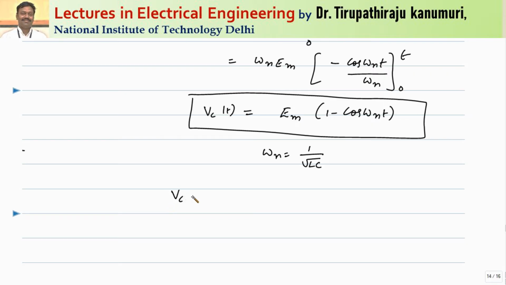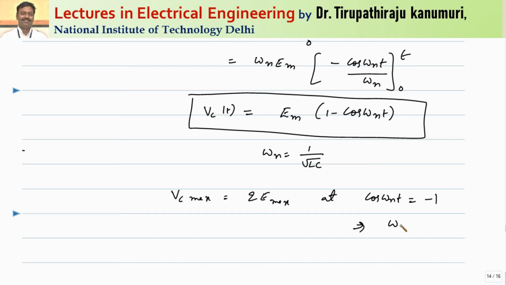So we can tell that Vc maximum will be equal to 2 times E maximum. This happens when cos omega nt is equal to -1, which is when omega nt is equal to 180 degrees, you agree with me?